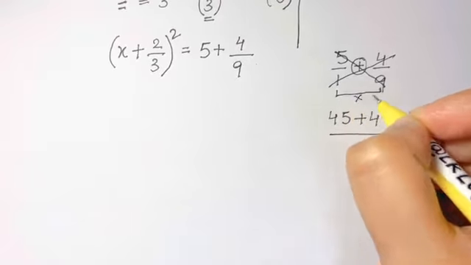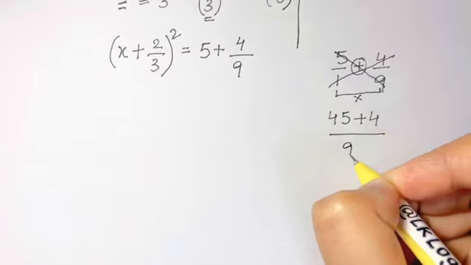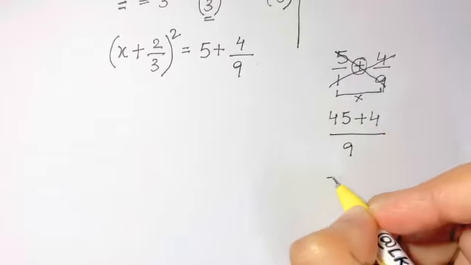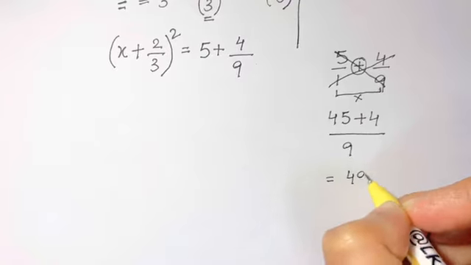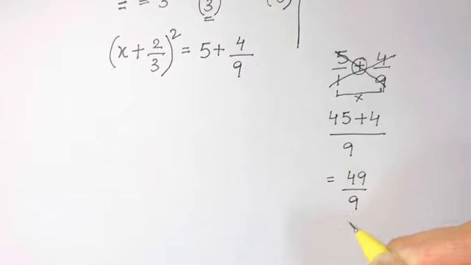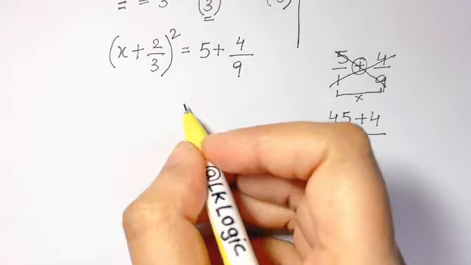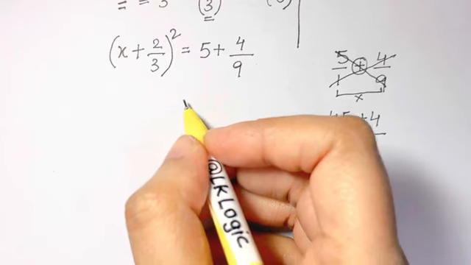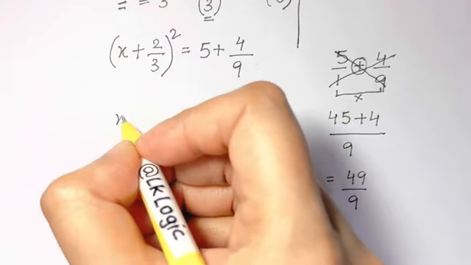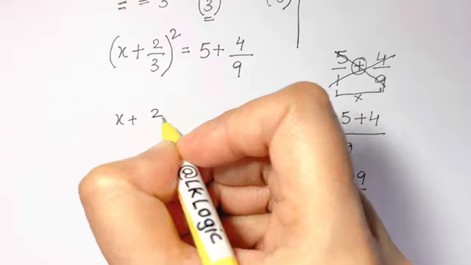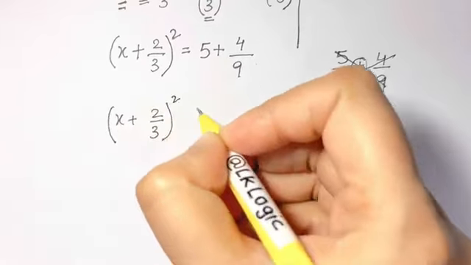We multiply them. 1 times 9 equals 9. So 45 plus 4 divided by 9. So we get 49 over 9. So this is the simplest way you can add or subtract any two fractions. I have also uploaded many videos on this before. So x plus 2/3 the whole square is equal to 49 over 9.